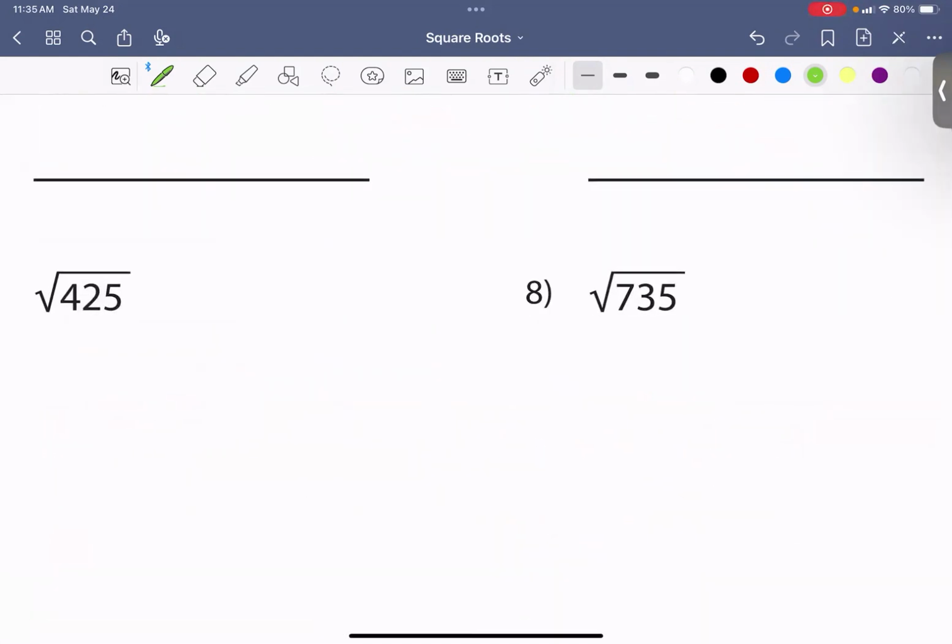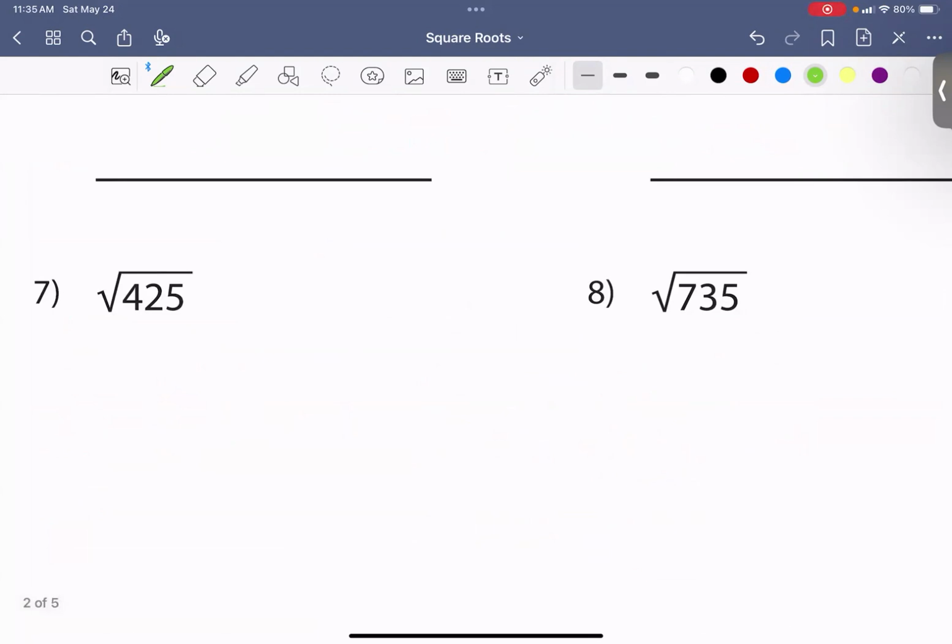Let's do this one. The square root of 425. Immediately I saw the 25, so I know that 25 is a factor of 425. I'm going to rewrite the radical sign, and 425 divided by 25, which is a perfect square, is equal to 17.